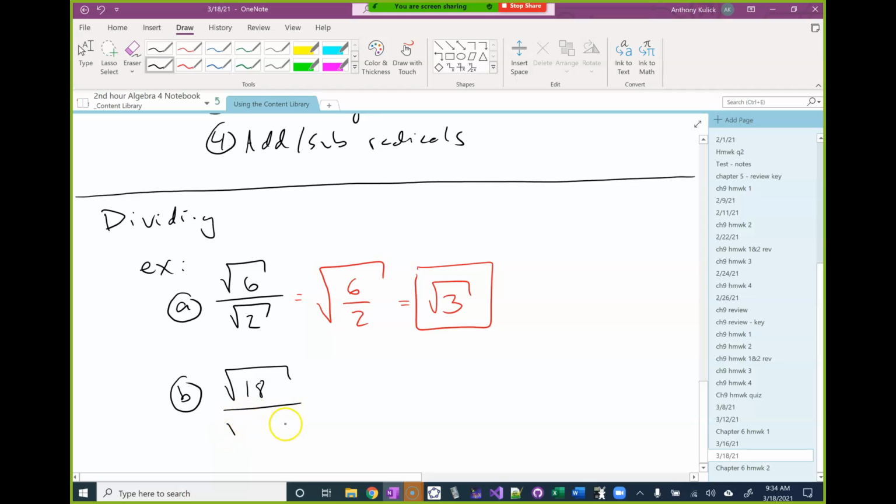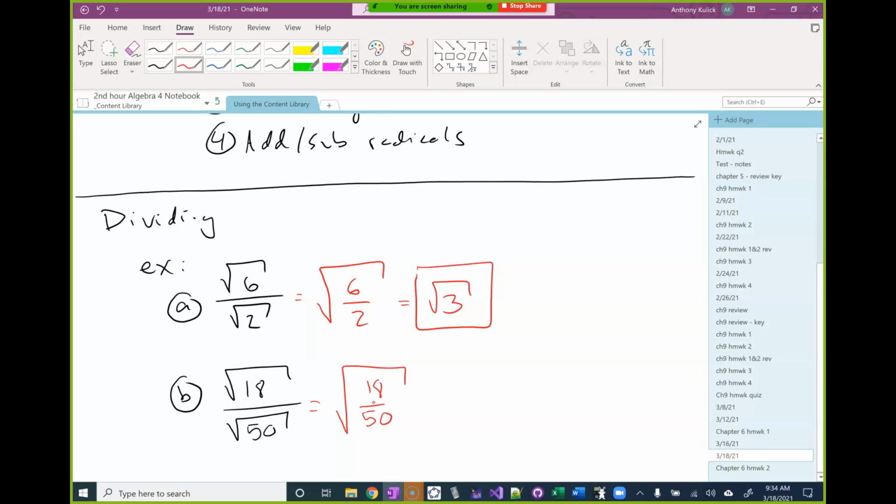So let's say we have the square root of 18 over the square root of 50. So again, 18 over 50 we should notice can reduce because both of them are even, right? Now 18 and 50, hopefully we see how would those reduce? Yeah, 9 over 25.